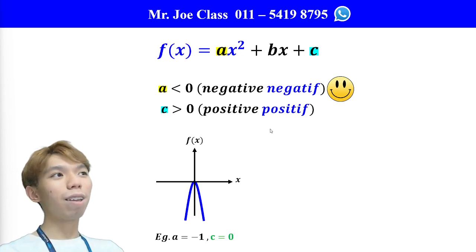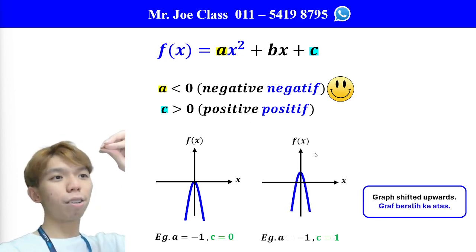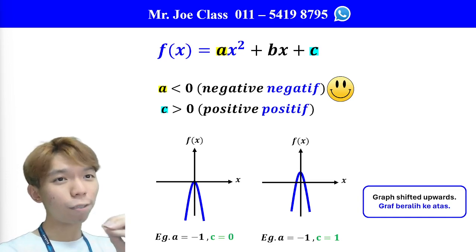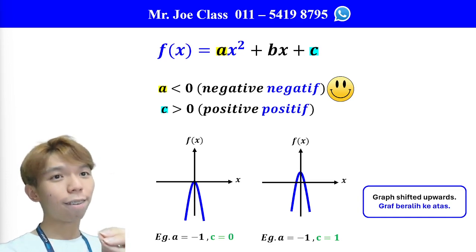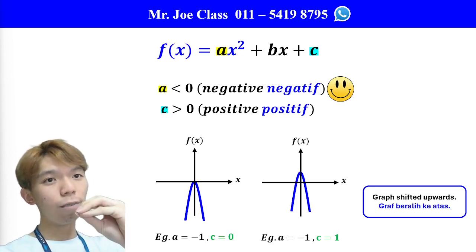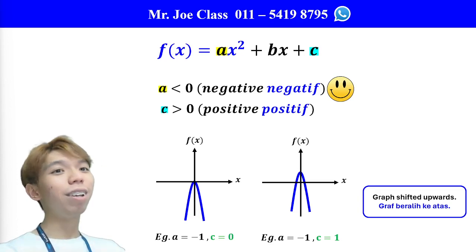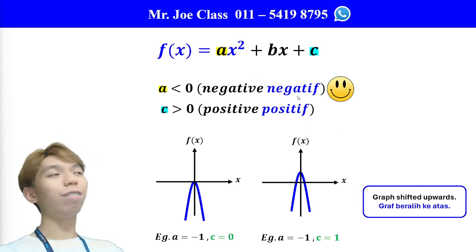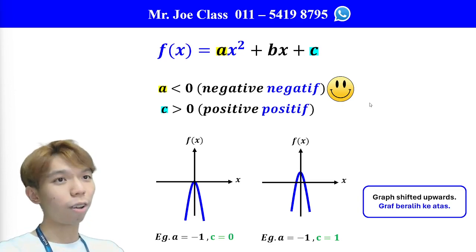If C is positive, that means from 0 to positive, it will shifted upwards. Graph beralih ke atas, is shifted upwards, because the value of C is just indicating where the graph intersects on the y-axis. So from 0 to 1, and you do not have to describe the value of A if there are no changes.